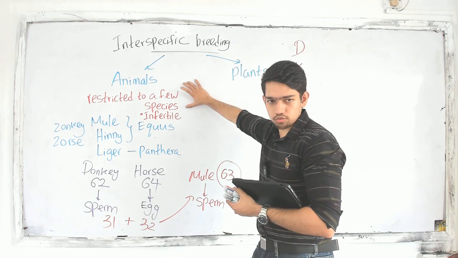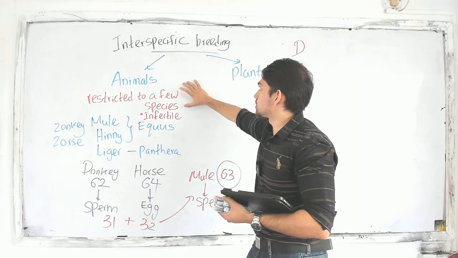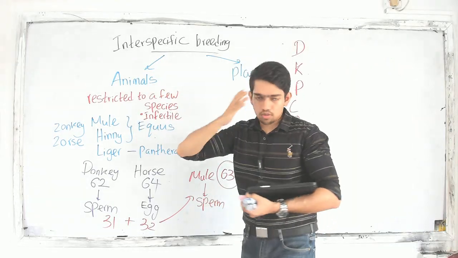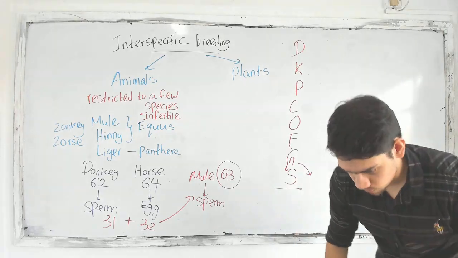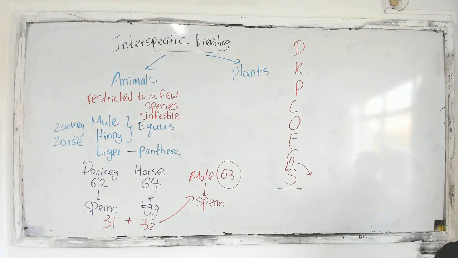First point, write down under animal interspecific breeding: restricted to a few species.